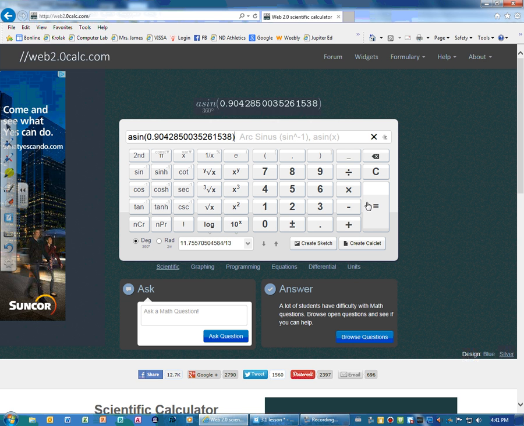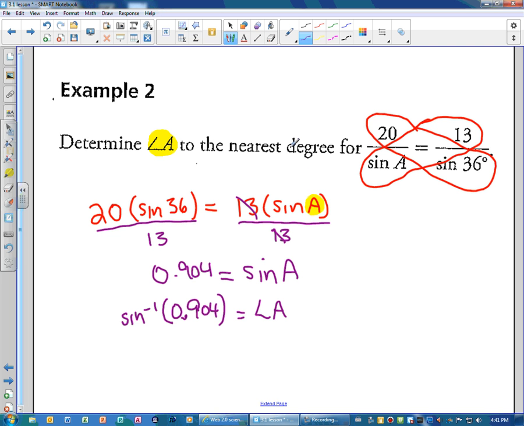It's the way that you tell your calculator, I know the ratio, I want the angle. Angles are always to the nearest degree, so it says 64.7, so I will say angle A is 65 degrees. Here's my answer. All right, get started on your work.